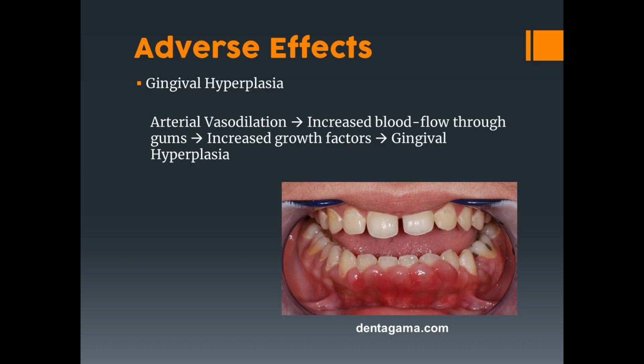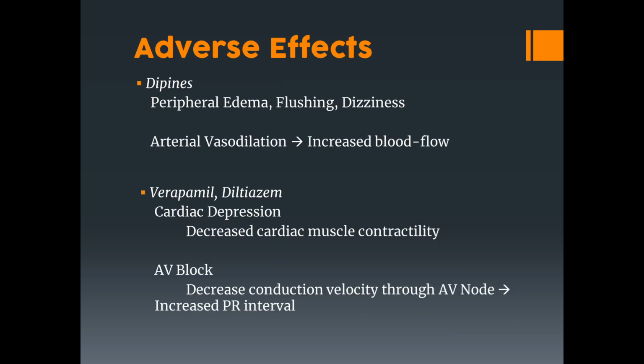Now, gums interpret this increased blood flow as an increase in opportunity to grow like all body tissues. So they interpret it as a growth stimulus, and they increase their own growth factors and collagen. That is why the gums will grow more, and that will cause gingival hyperplasia.